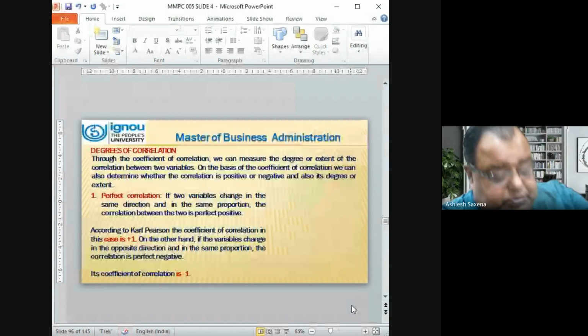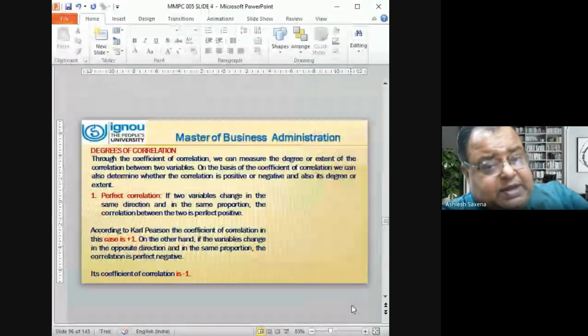Through the coefficient of correlation, we can measure the degree or extent of the correlation between the two variables. On the basis of the coefficient of correlation, we can also determine whether the correlation is positive or negative, and also its degree or extent.